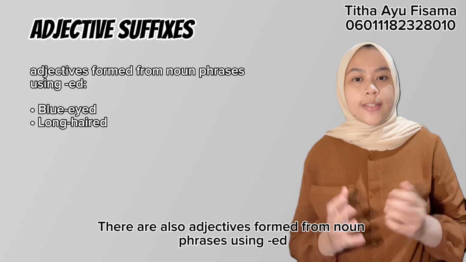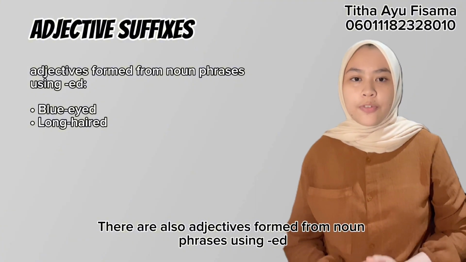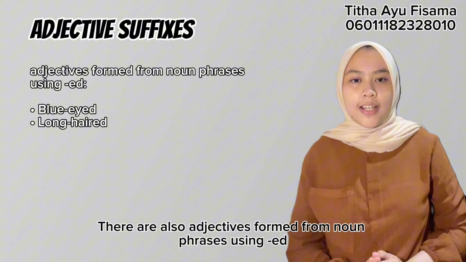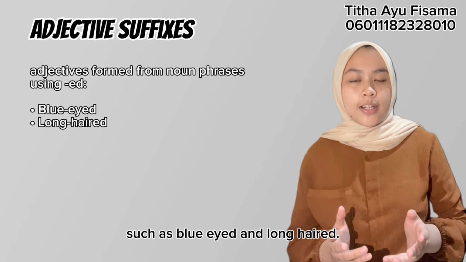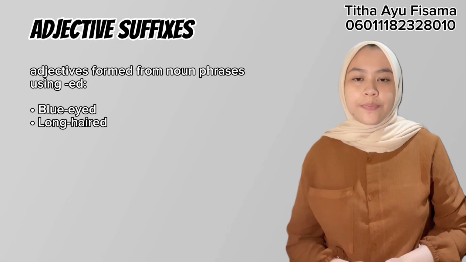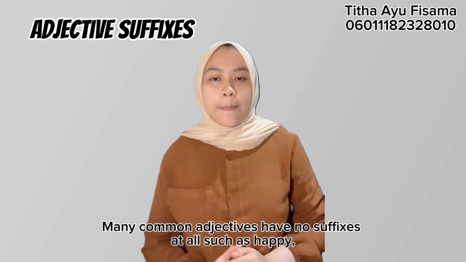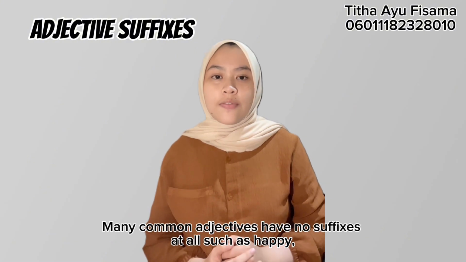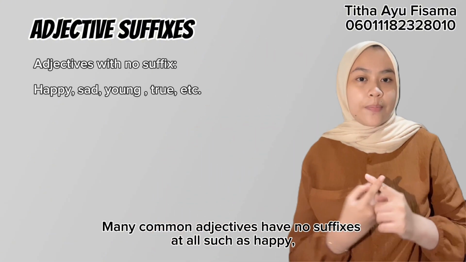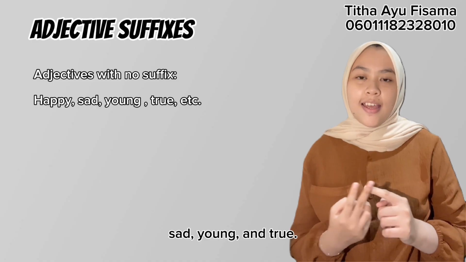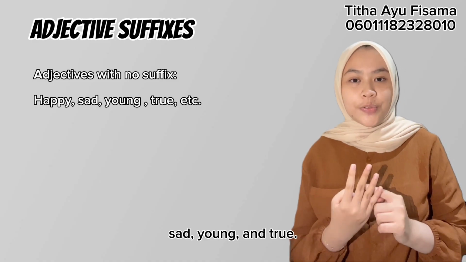There are also adjectives formed from noun phrases using -ed, such as blue-eyed and long-haired. However, not all adjectives have suffixes. Many common adjectives have no suffixes at all, such as happy, sad, young, and true.